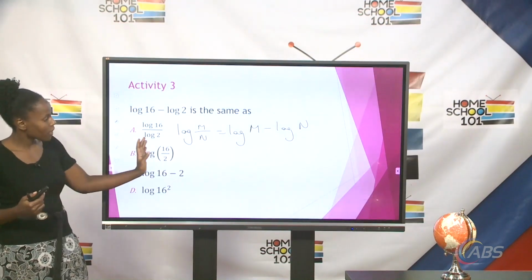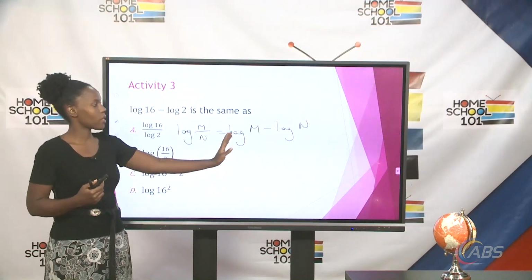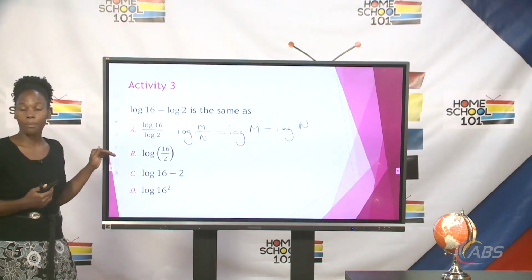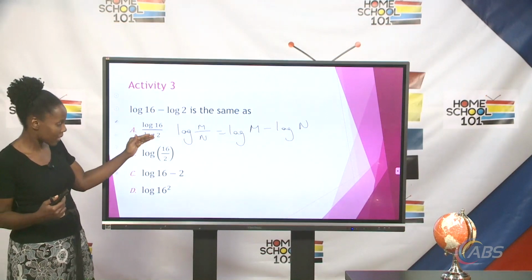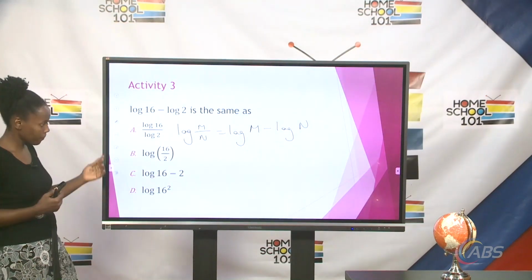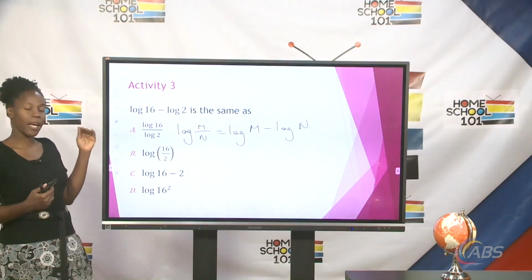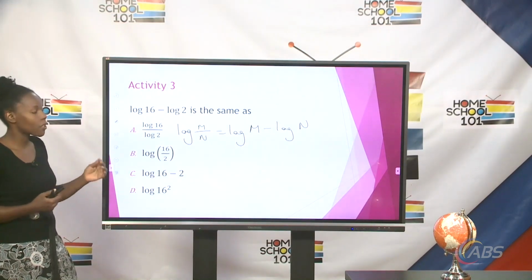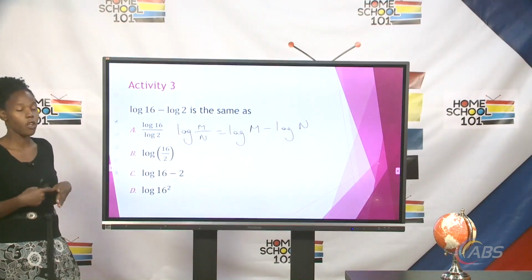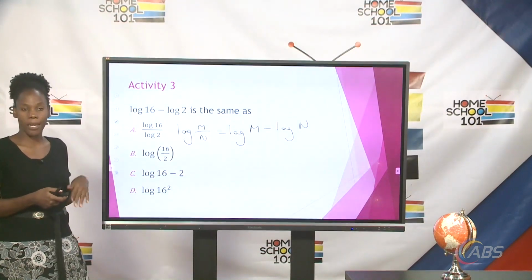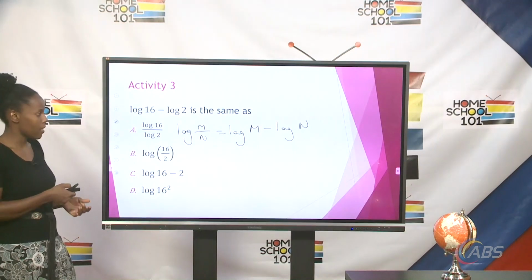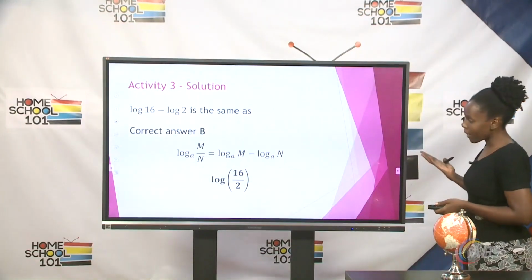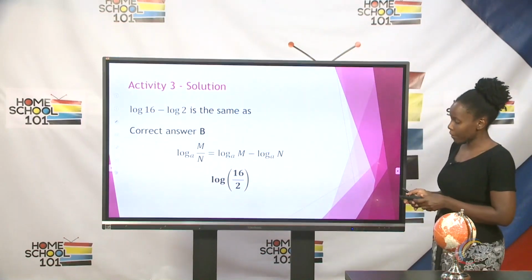The correct rule is the logarithm of m over n is equal to the logarithm of m minus the logarithm of n. So in this case, the correct one is actually B, which is the logarithm of 16 divided by 2. Once we have a negative sign, we write it as a fraction, and when we're writing it as a fraction, it should be just the logarithm of the fraction, not the log of the number divided by the log of the other as indicated in A. All right? So our correct answer, the log of 16 over 2.